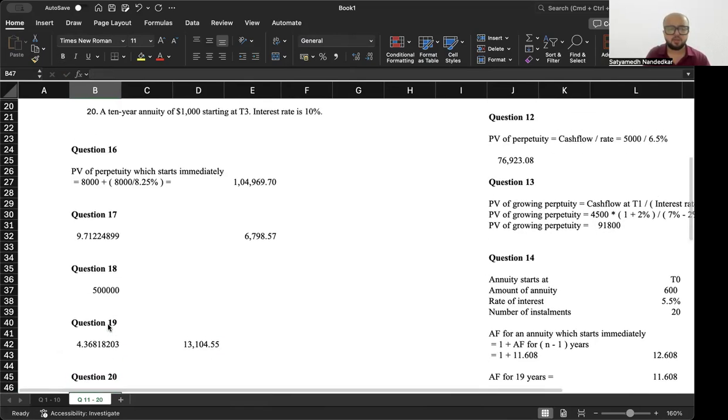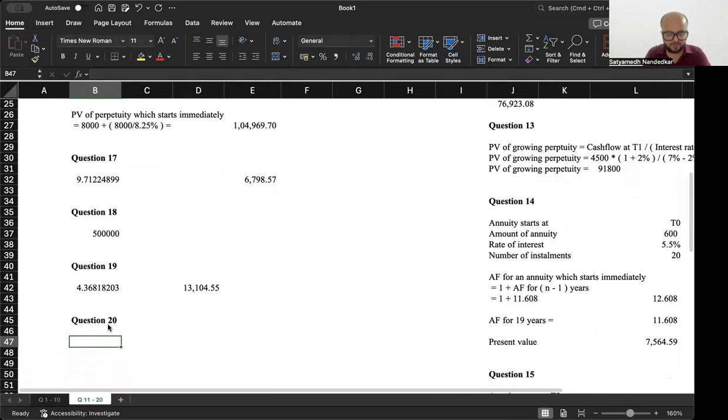And a 10-year annuity of 1,000 starting at T3. When you take an annuity which starts at T3, a 10-year annuity, interest rate is 10%.